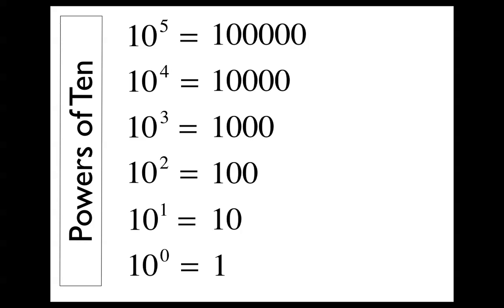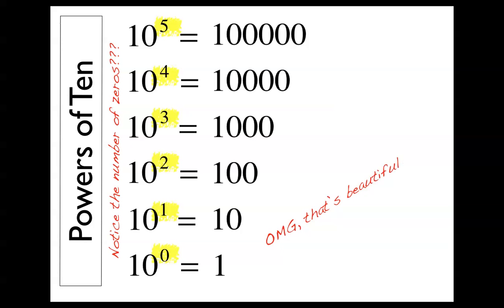And I think you might be noticing something here. Look at the number of zeros in these. 10 to the fifth has 5 zeros. 10 to the fourth has 4 zeros. 10 to the third has 3 zeros. 10 squared, to the second power, has 2 zeros. 10 to the power of 1 has 1 zero, and 10 to the 0 power has 0 zeros.